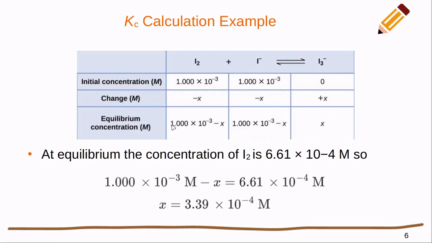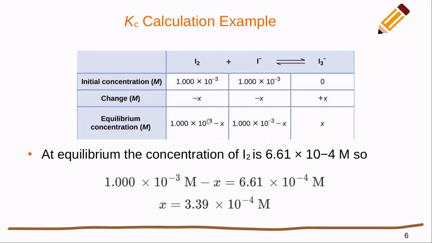Okay? And then I have these expressions where I'm adding these two together. So I have that 1 times 10 to the negative 3 minus x, 1 times 10 to the negative 3 minus x, and I'm going to get x for my concentration here, okay? Now, this is the equilibrium concentration of I2 right here, okay?